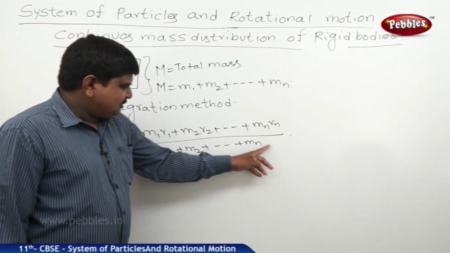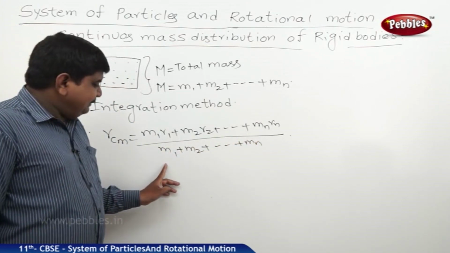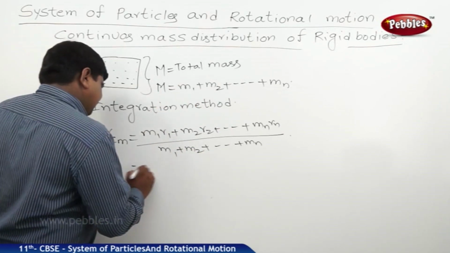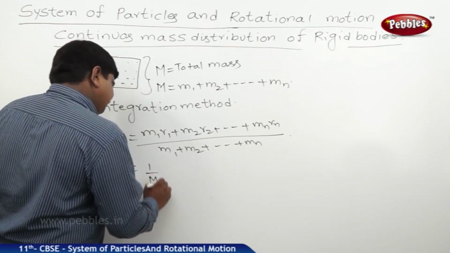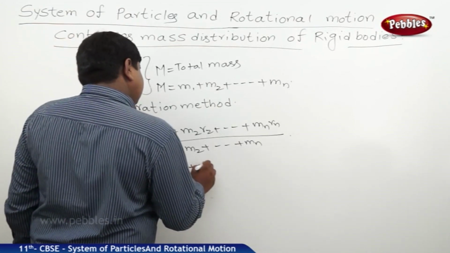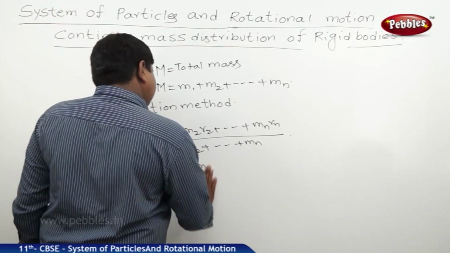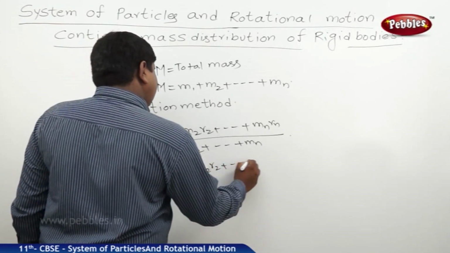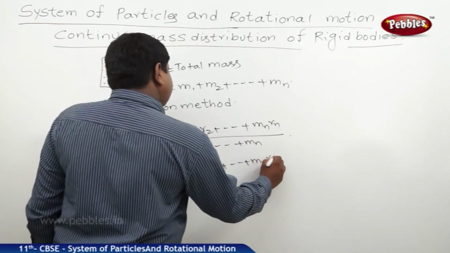So we can say that the denominator is simply capital M. That's why we can write 1 by capital M into (M1 R1 plus M2 R2 and so on, Mn Rn).